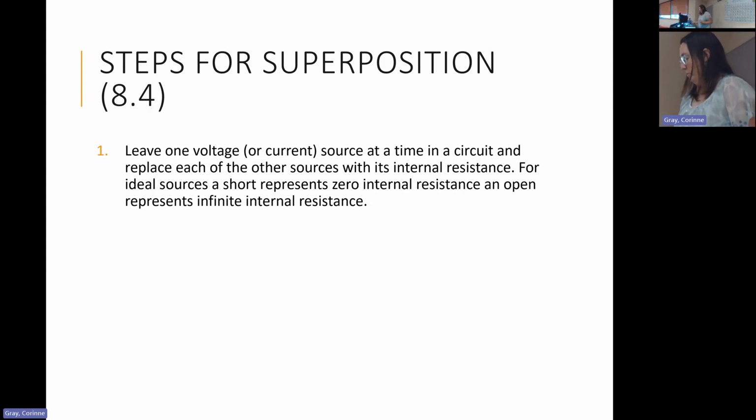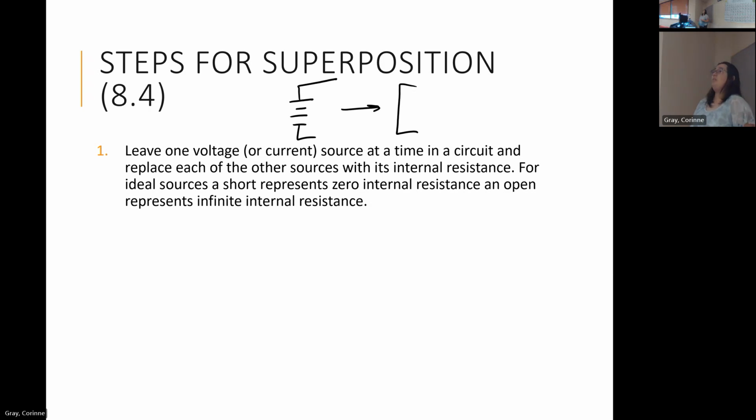So when we have a battery and we take it out, we replace it with a line of wire, a short, so there's no resistance here. That will change, theoretically, how current will flow.